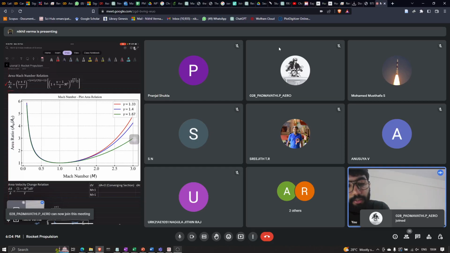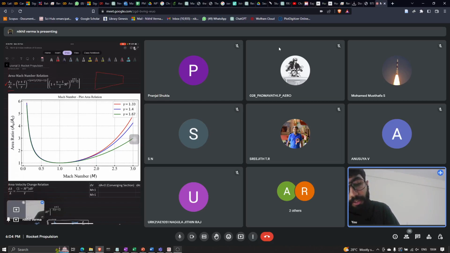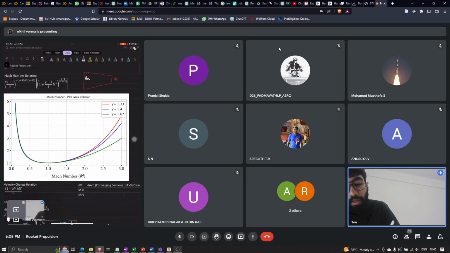Basically, it tells if you have an area ratio, say AT here denotes the throat area, and this is your, say, AE. If you have this area ratio, and if the Mach number at the throat is 1, what is the Mach number at this point?